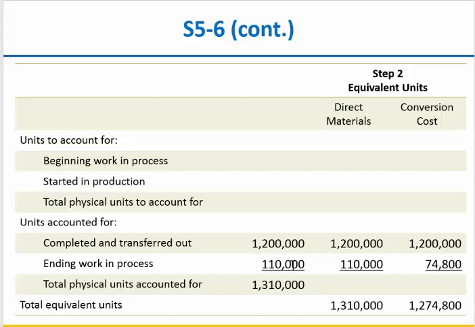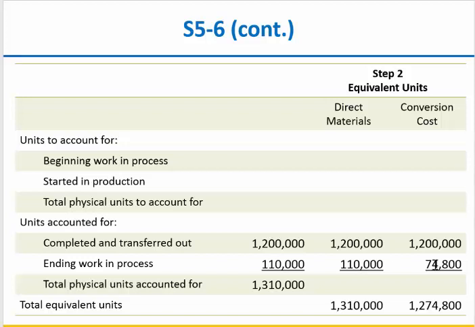So therefore, direct materials cost are done 100% for these 110,000 units that are left in the ending work in process inventory. So I would have no problem multiplying 110,000 by 100%, which is the same as 110,000.